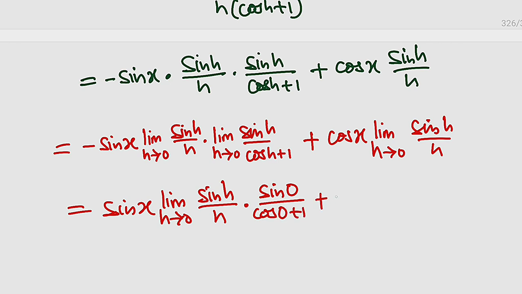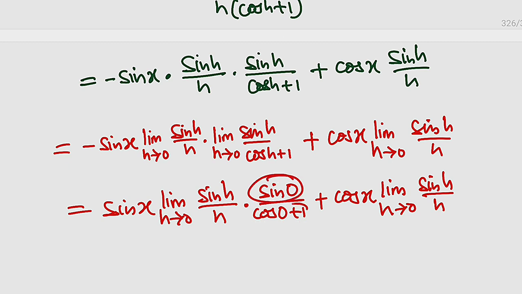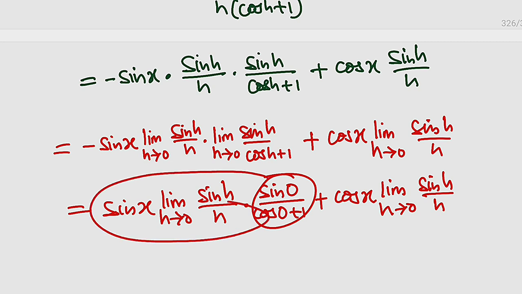Then plus cosine x multiplied by the limit as h approaches 0 of sine h over h. So you can see that sine 0 is 0, cosine 0 is 1, plus 1 is 2. So on the top we have 0 divided by 2, which is 0. So if you take this 0 and multiply by the whole of this, you are going to get 0.